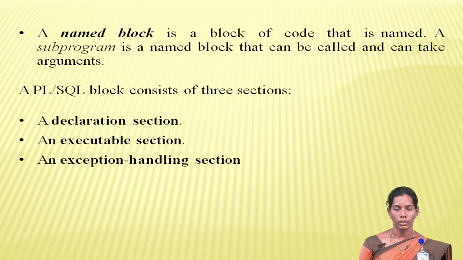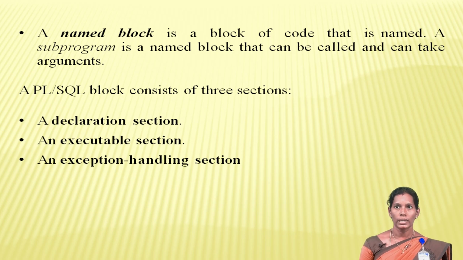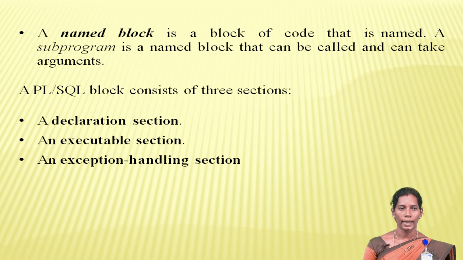A named block is a block of code that is named. A subprogram is a named block that can be called and it can take arguments. A procedure is a subprogram that can perform an action, whereas a function is a subprogram that returns a value. A package is formed from a group of procedures and functions.